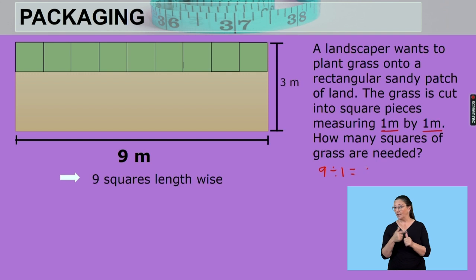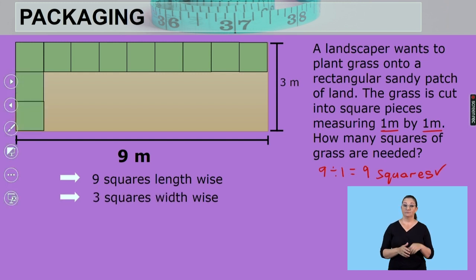My answer was 9 squares of grass. So let me just call them squares. Nice. Then we said that we could fit 3 of those widthwise because previously 3 divided by 1 gave me 3 squares. There we go. That's much better.